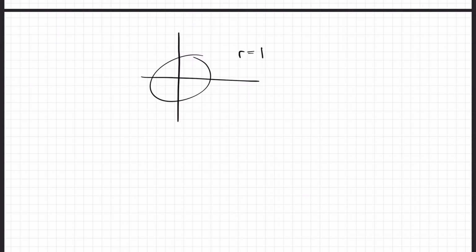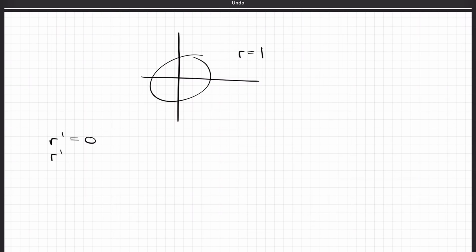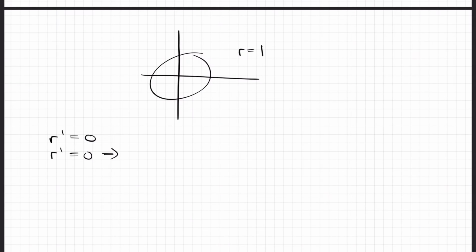Now, to find the stationary points in polar coordinates, we use the same sort of techniques. We differentiate to get r dash equals 0, and finding stationary points is equivalent to finding when r dash is equal to 0, which is true for all r. So therefore, it's essentially saying all values of theta are a stationary point.